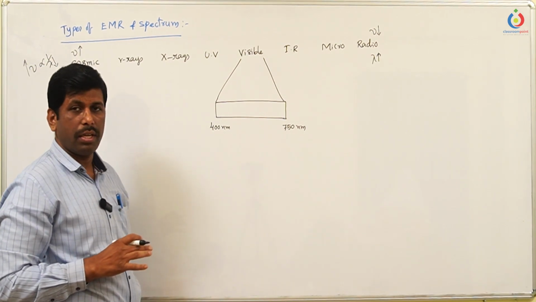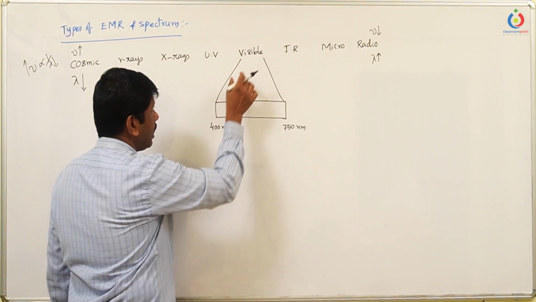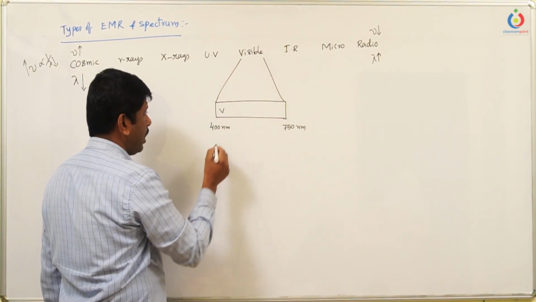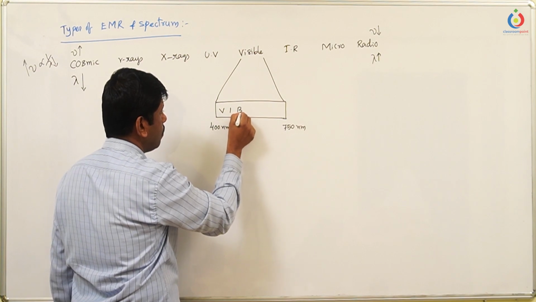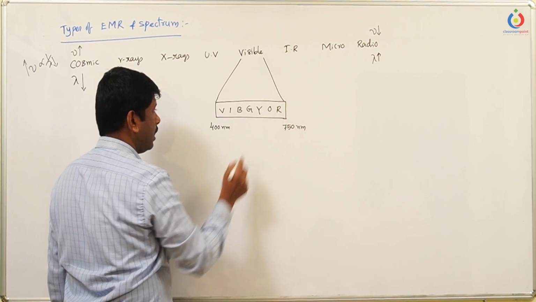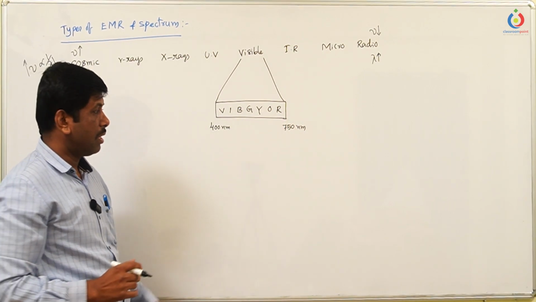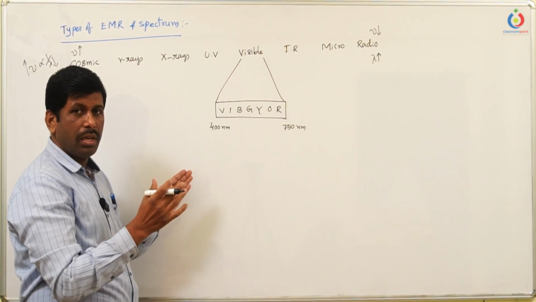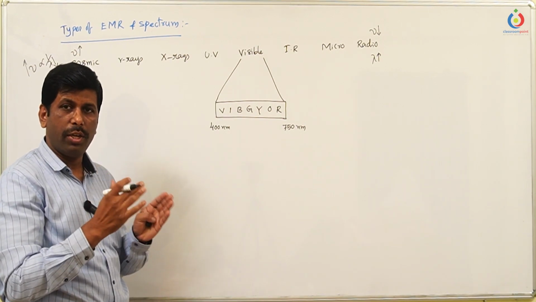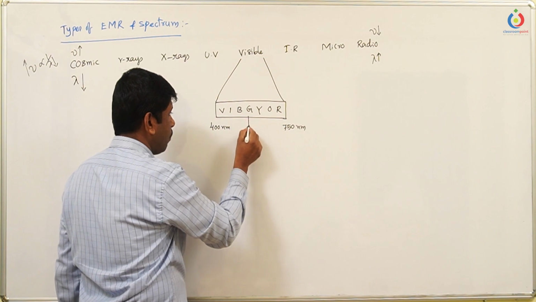The rest of the waves we cannot see. This visible spectrum has 7 colors: violet, indigo, blue, green, yellow, orange, red. As long as these 7 colors are combined together, they appear like white color.